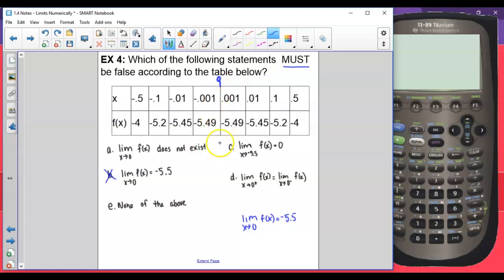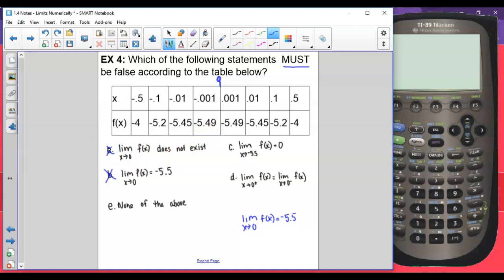Probably this approaches -5.5. But we don't know that for sure because we don't have the values closer to 0. So it is possible that this approaches negative infinity. So it is possible that this limit does not exist, because if the limit did approach negative infinity, that is a limit we say does not exist. So this is actually possible.